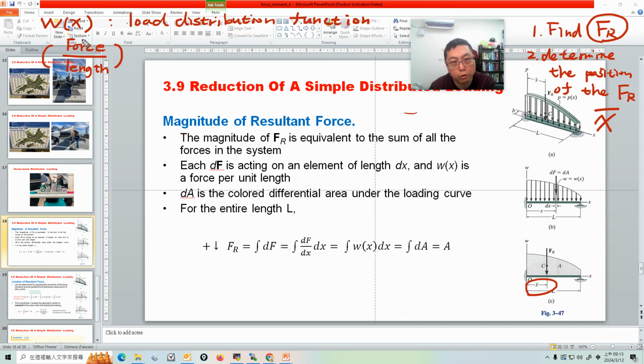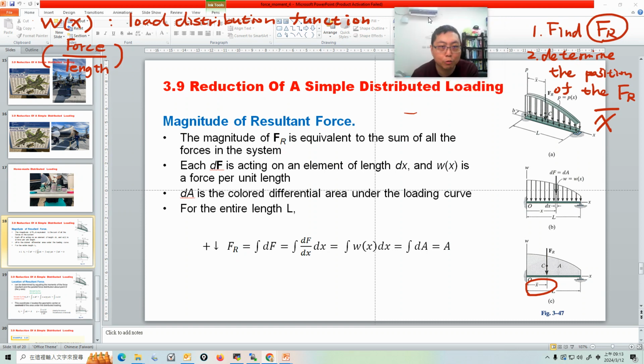So the w(x) load distribution function is not a force. It's a force per unit length. For a one-dimensional distributed loading, it's a force per unit length. So it's not a force. We have to make sure of this, because this distribution function is not equal to force.